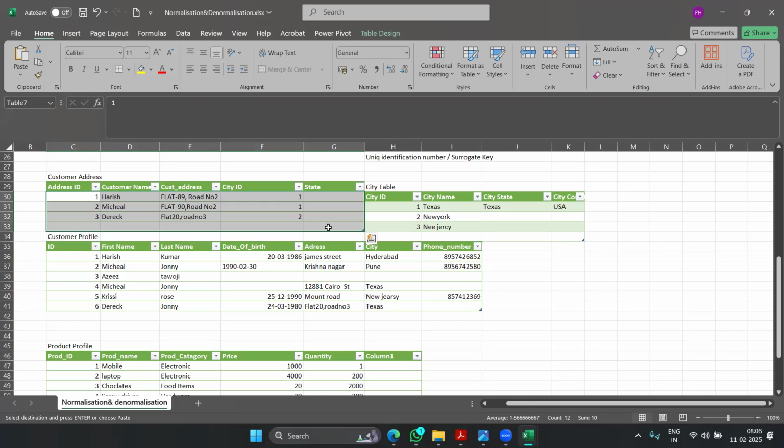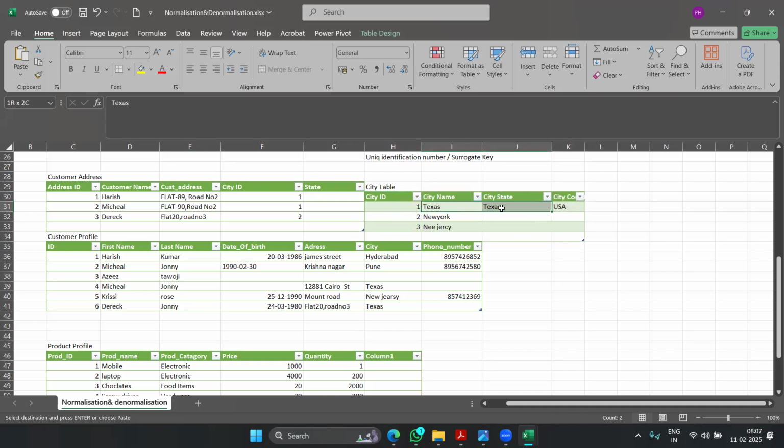Because within the state, you would have 1 million population or 100K population based on the state size. So instead of every time repeating the city name and state name, we can have another dimension table where we are going to store the city details.